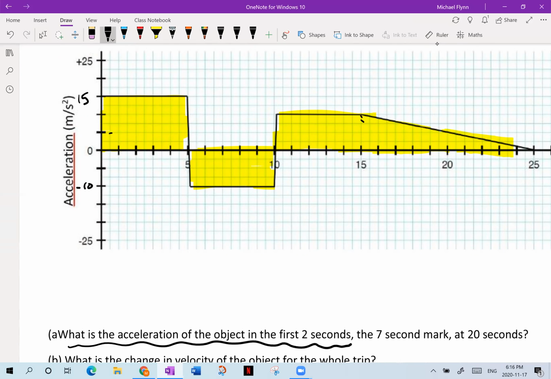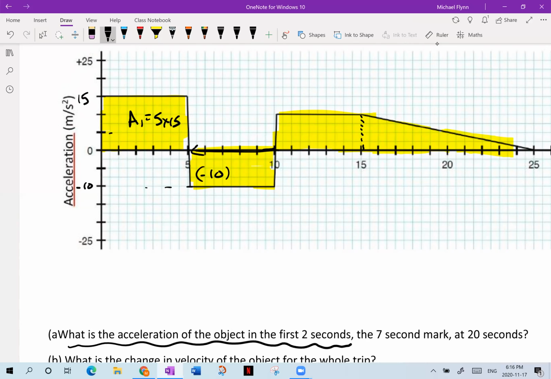Now you divide it up into convenient shapes. I'll make a triangle at that last little spot there. So this is area number 1. It'll be 5 times 15. Area number 2 here, it'd be negative 10 actually. Negative 10 times 5 seconds from here to here.